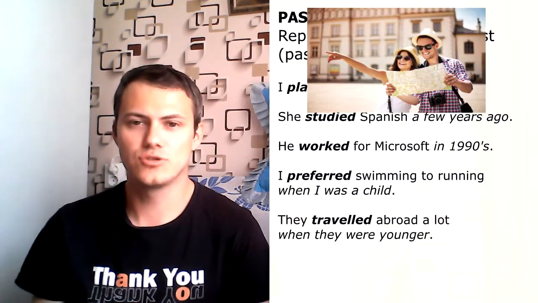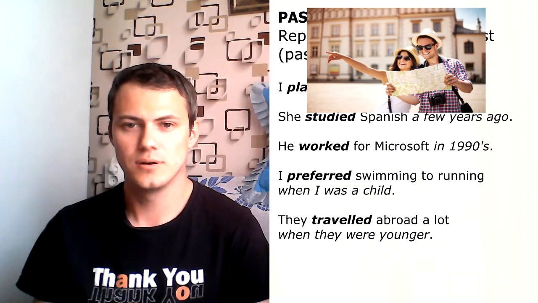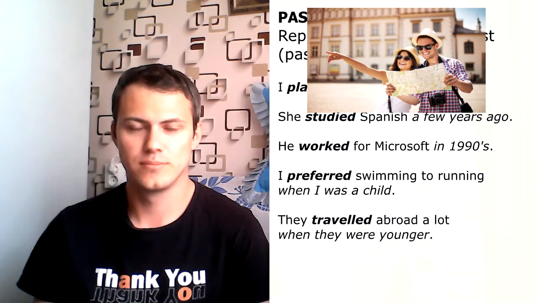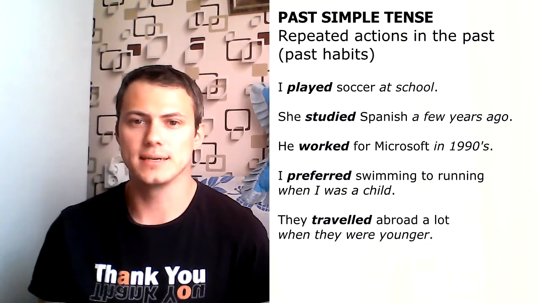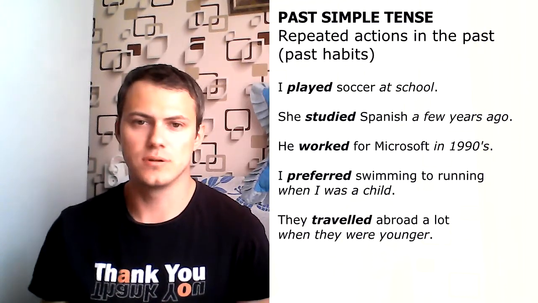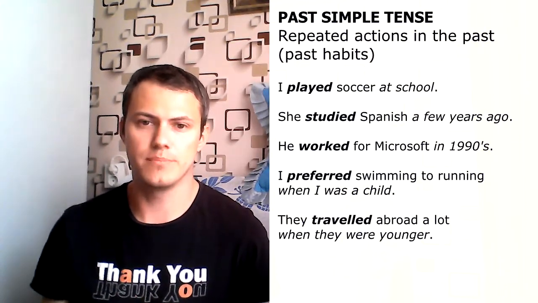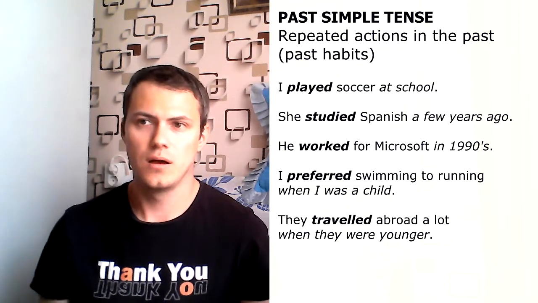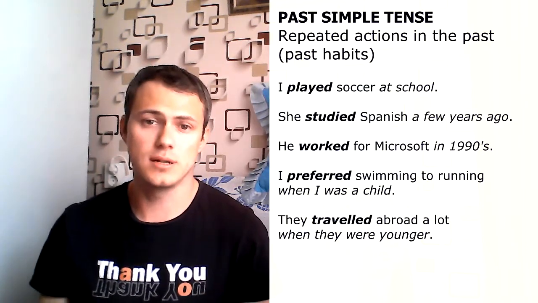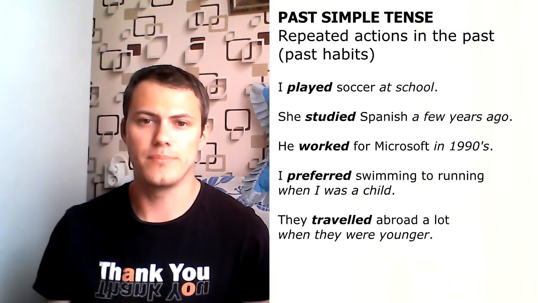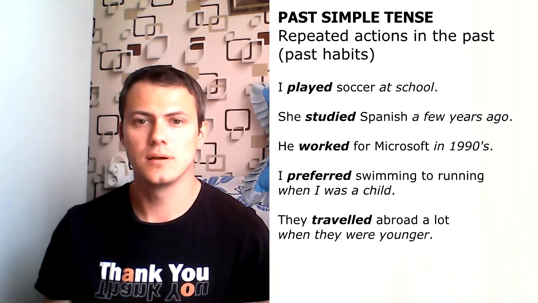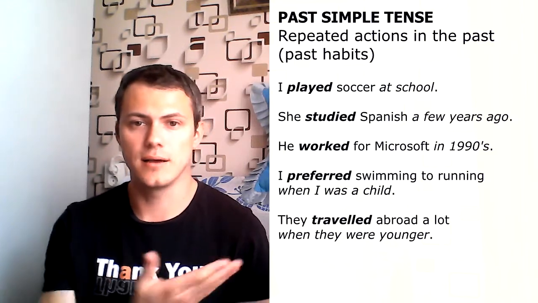They traveled abroad a lot when they were younger. Of course, we can express the same idea using other constructions. For example, I used to. But in spoken English, you can often hear the past simple tense in sentences like this.